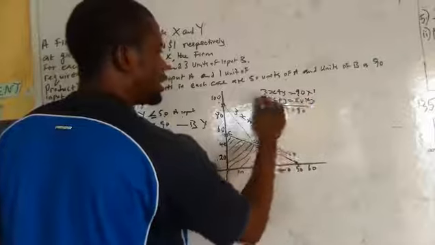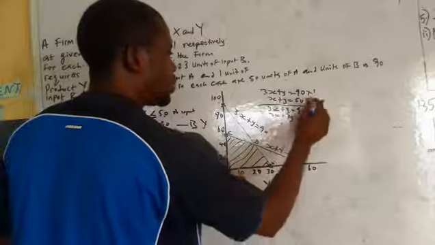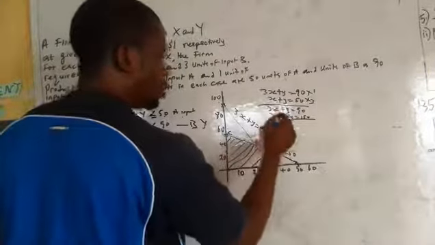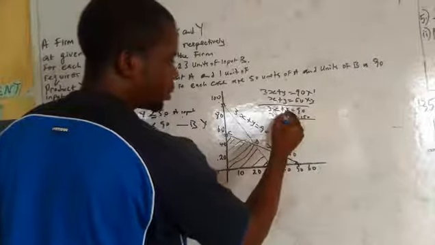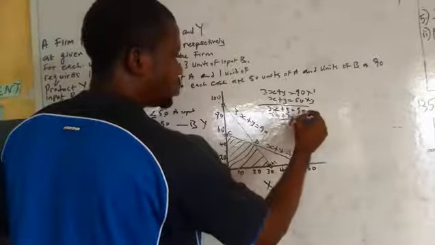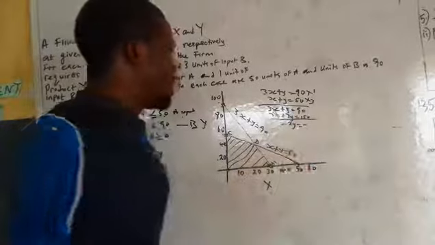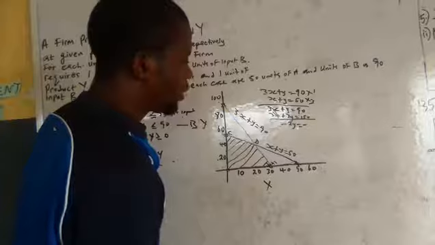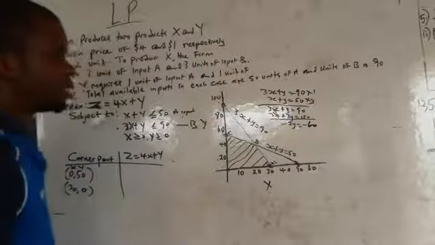Then 3 times x is 3x, 3 times y is 3y, equals 3 times 50, which is 150. So when I subtract, the 3x will go away. Then I'll have minus 2y equals 90 minus 150, that will give you minus 60.